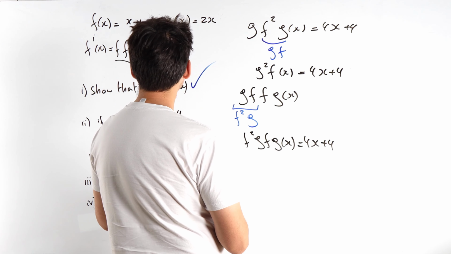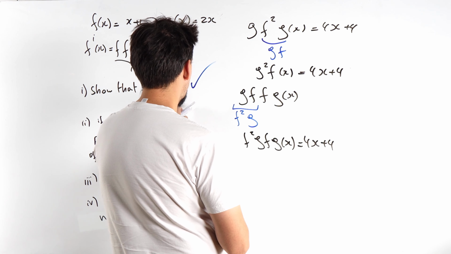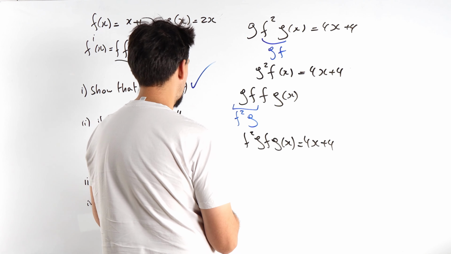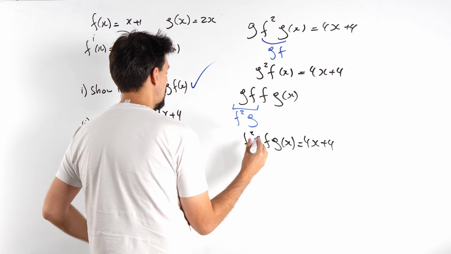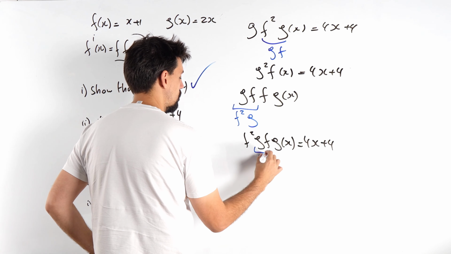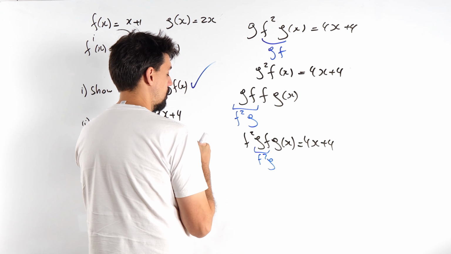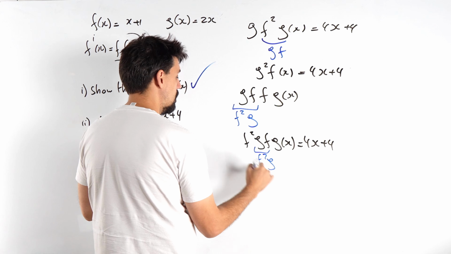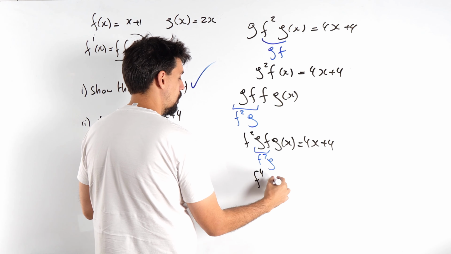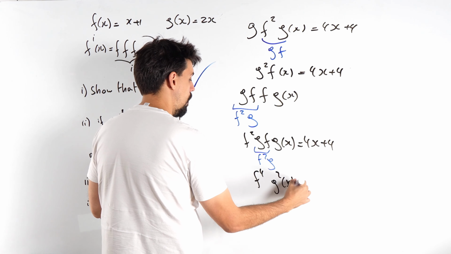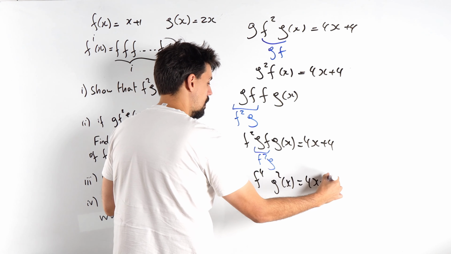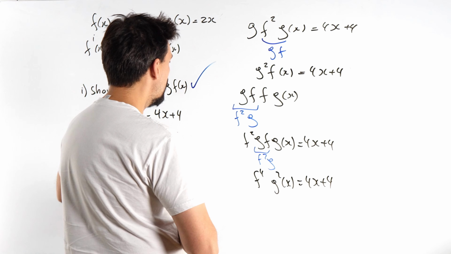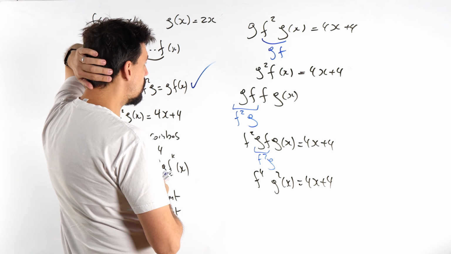Now, what else can I do with that? g f here is f squared g. And that will give me f to the 4, g squared of x is 4x. This is quite fun. I enjoy doing this. This is quite cool.